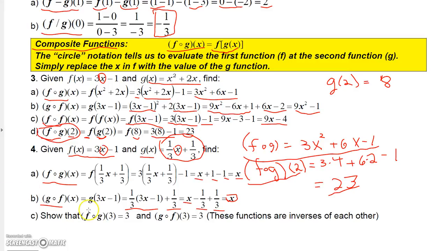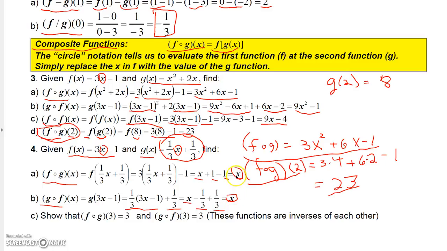Okay, so it turns out that for this particular pair of functions, f composed with g of x and g composed with f of x are the same value. They're both x. Now, when that happens, you've got a unique relationship between these two functions.